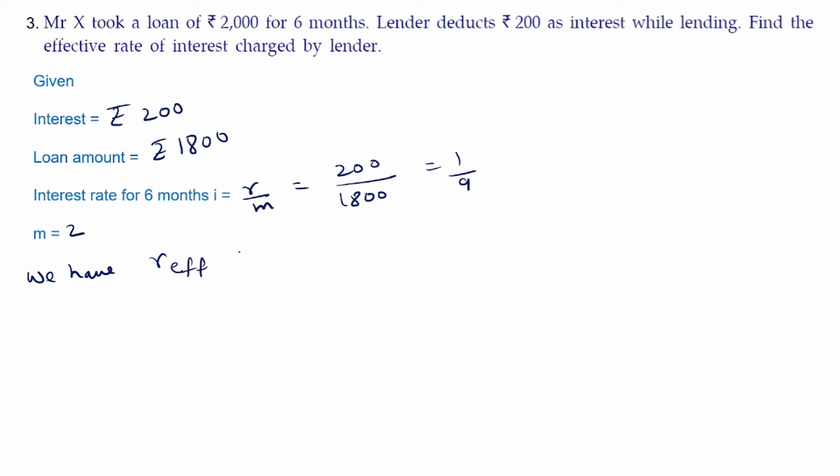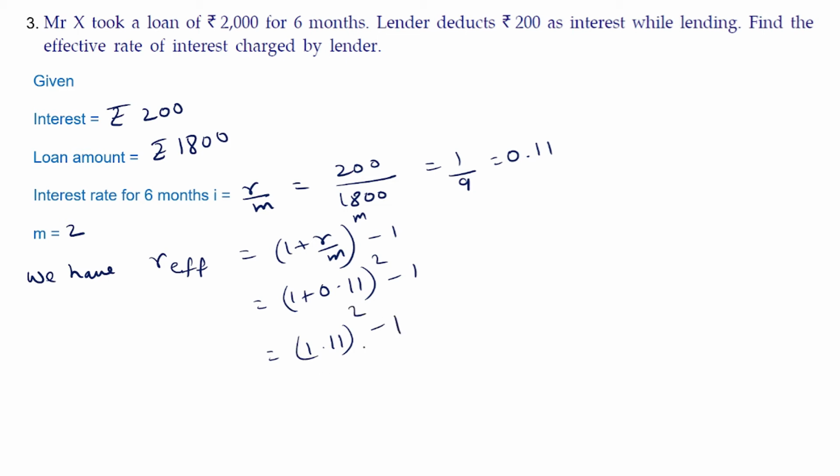R effective is equal to 1 plus R by M the whole raised to M, minus 1. So it is 1 plus this 1 by 9, it is 0.11. 1 plus 0.11 the whole square minus 1, or it is 1.11 the whole square minus 1.